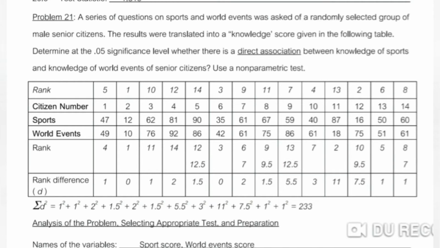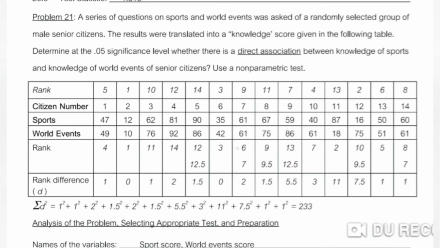Okay, after that, you must give the same rank to ties, right? Therefore, for instance, in world event score, 75 you see 2 times, they occupy ranks 9 and 10, but they must have the same rank. Therefore, you must give the 2 75s the mean rank of 9 and 10, 9.5 each.